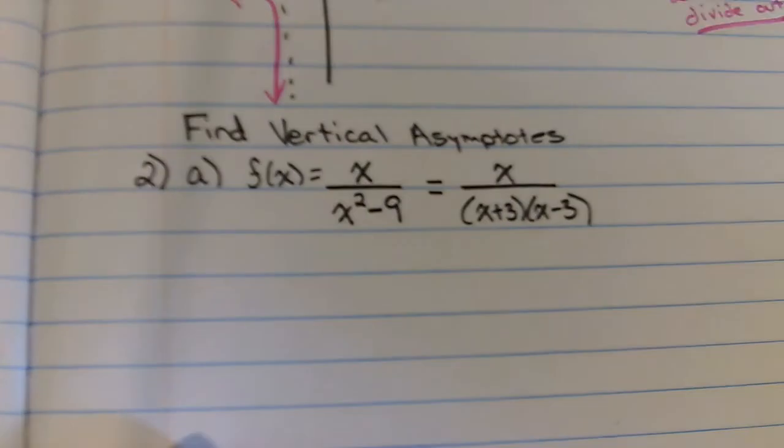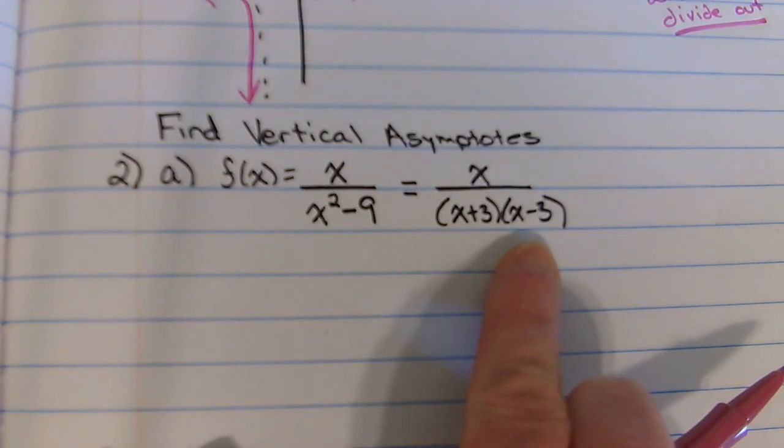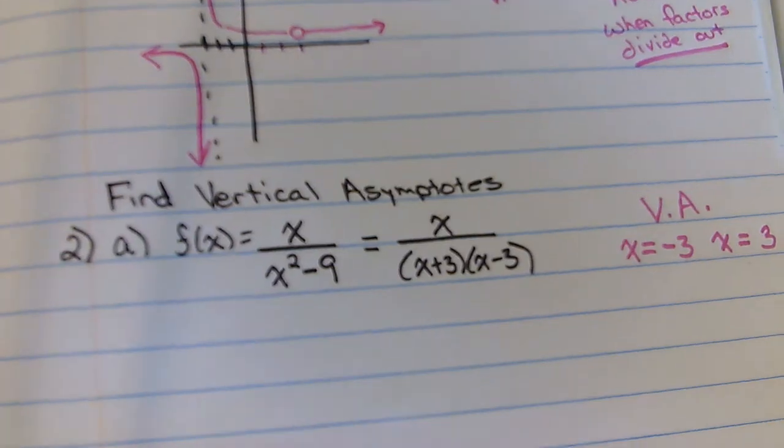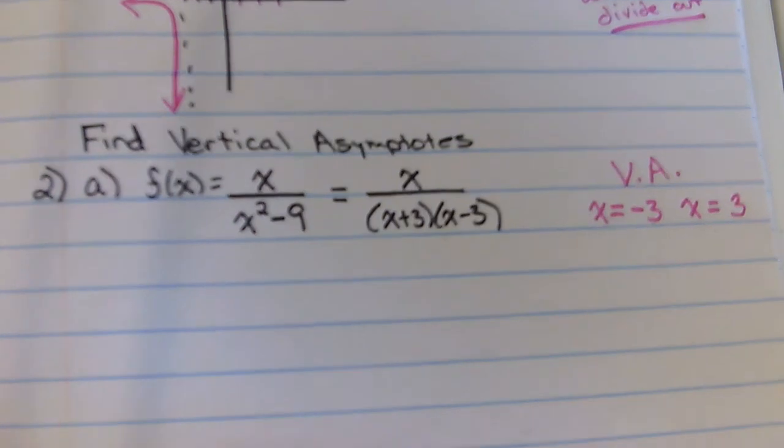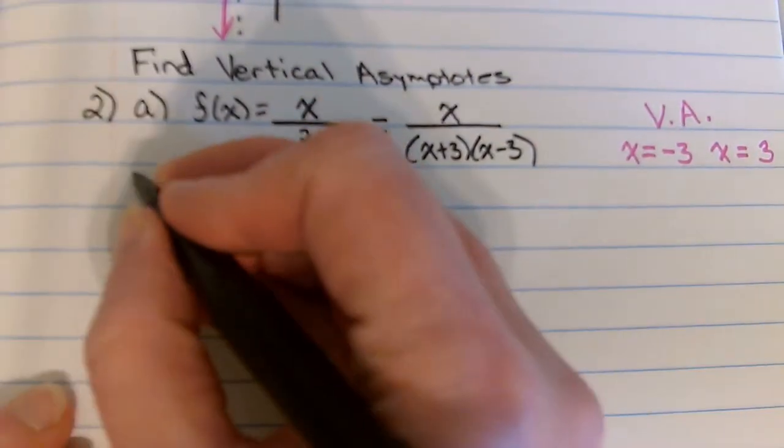Now notice nothing is going to divide out, so both of the bad numbers are going to be vertical asymptotes. So I'm going to have vertical asymptotes. I don't know why I keep losing the video line here. I'm trying to record this at home and it is not doing so well.